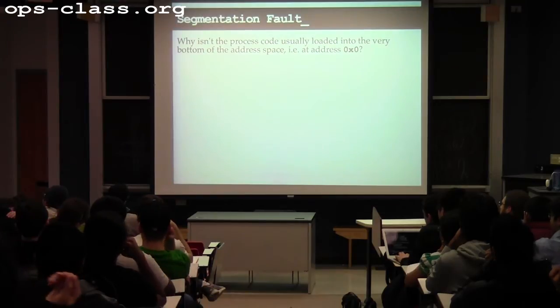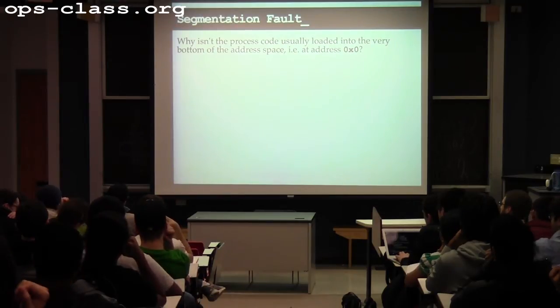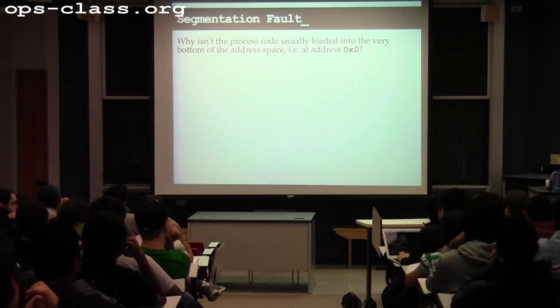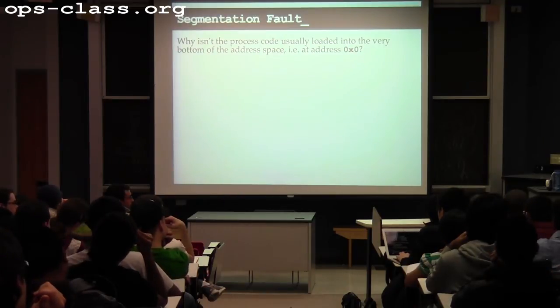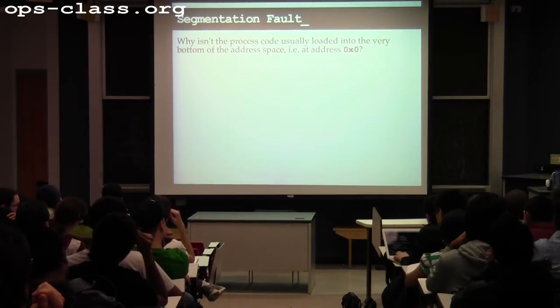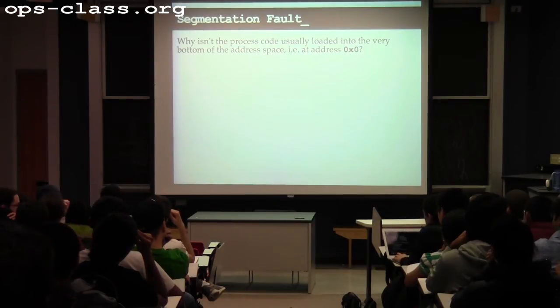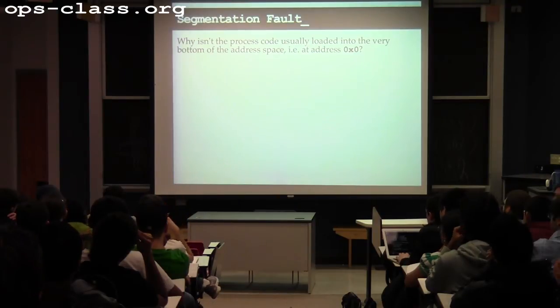Anyone want to argue for false? Because it would be virtual address 0x0, it isn't a literal address 0x0. No, that's not the reason. Because you're going to get the error when you try to dereference something.